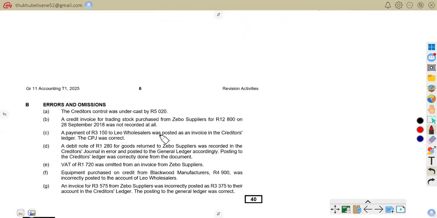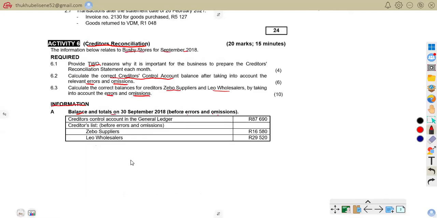Now coming to information B, this is where we are going to look at the errors as well as omissions. So now let us start with question 6.1.